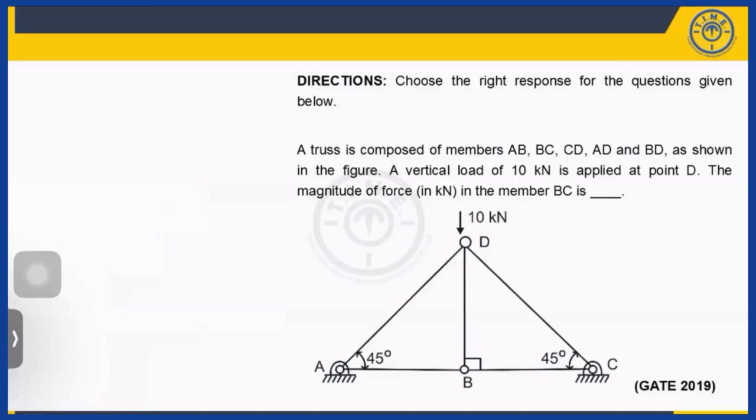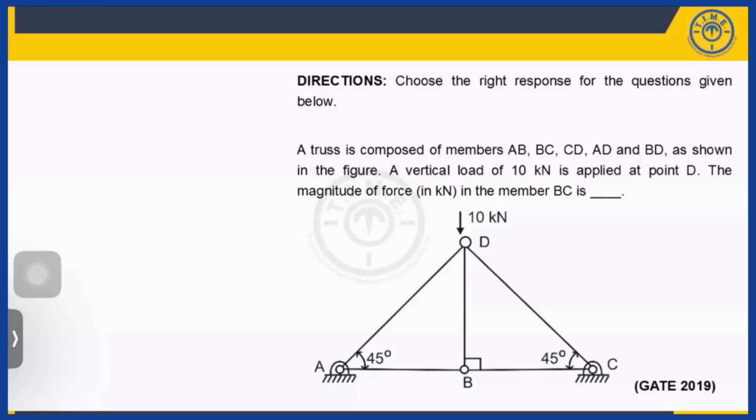What is the force in member BD? Are you there, Raj? What is the force in member BD?